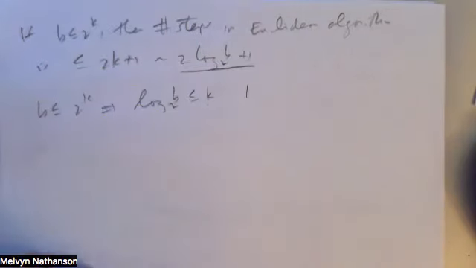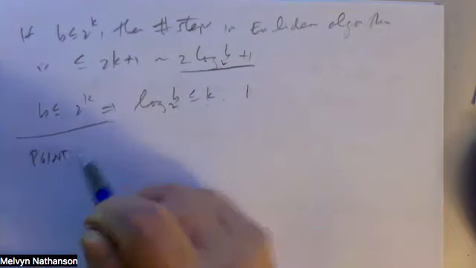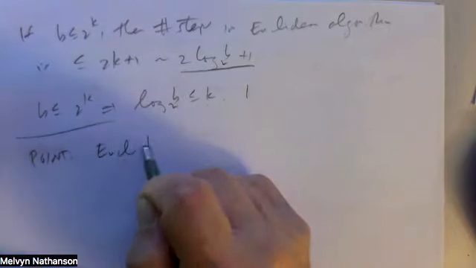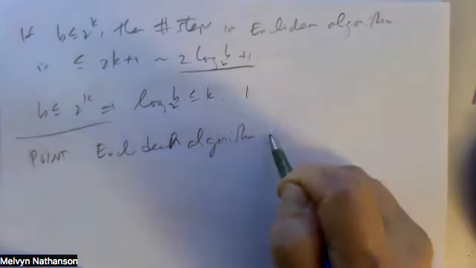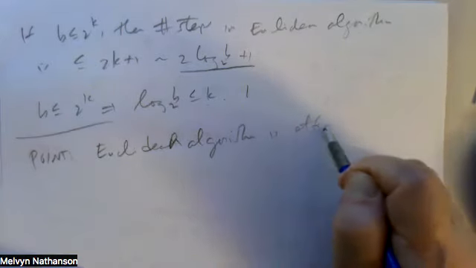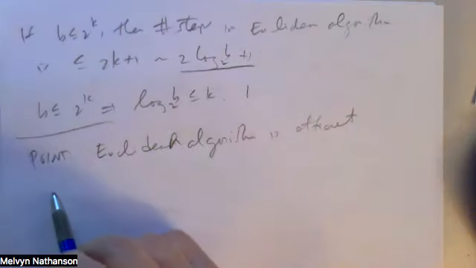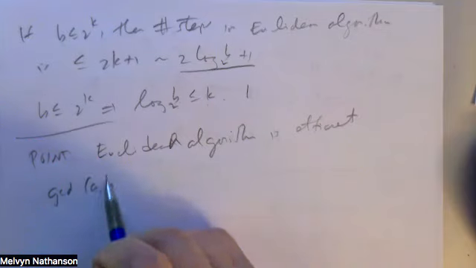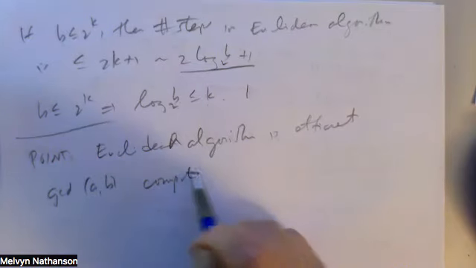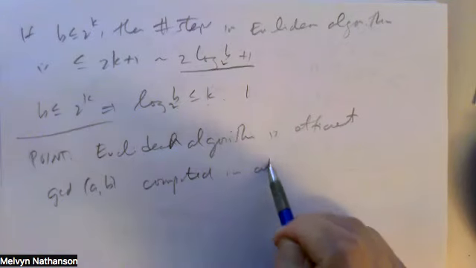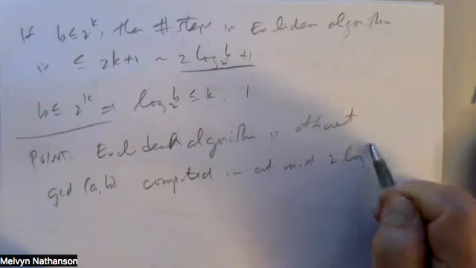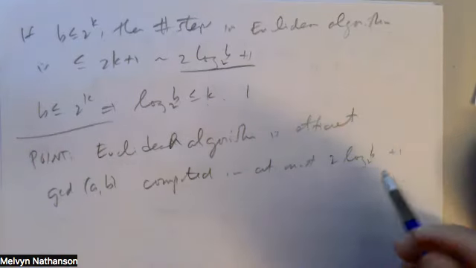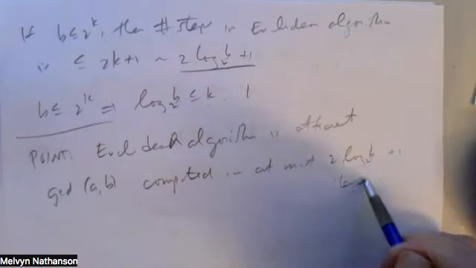That's close enough. So the point is, the Euclidean algorithm is efficient. The GCD of A and B is computed in at most 2 log b to the base 2 plus 1 iterations.